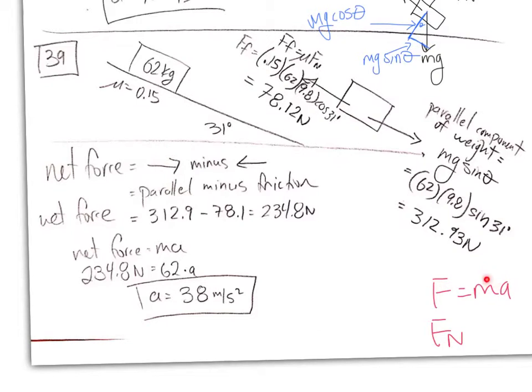Net force equals mass times acceleration. F sub n, don't be confused and think that is net force. That is normal force, meaning the force perpendicular to the surface. Not the same. I only say that because it's a very common mistake. So, dividing net force by mass, we got an acceleration of 3.8 meters per second squared down the hill.